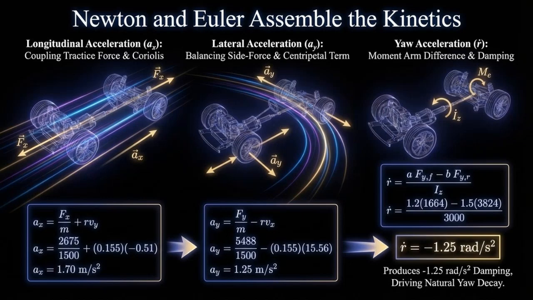The lateral acceleration, ay, is governed by the tire side forces and is balanced by the product of yaw rate and longitudinal velocity, often spoken as R times Vx. The yaw acceleration comes from the difference in moment arms between the front and rear lateral tire forces. This imbalance produces a damping yaw acceleration of minus 1.25 radians per second squared.